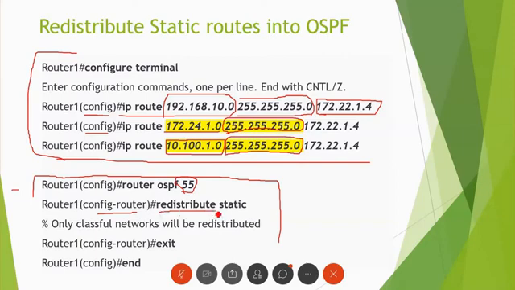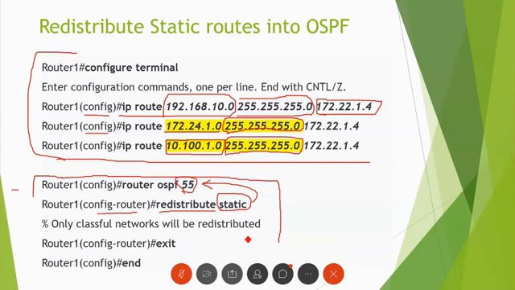This is the command to redistribute. And then we specify which protocol routes will be redistributed into OSPF. Whatever protocol we give after the redistribute command, those routes will come into OSPF. Maybe I could have given redistribute RIP. Maybe I would have given redistribute BGP.